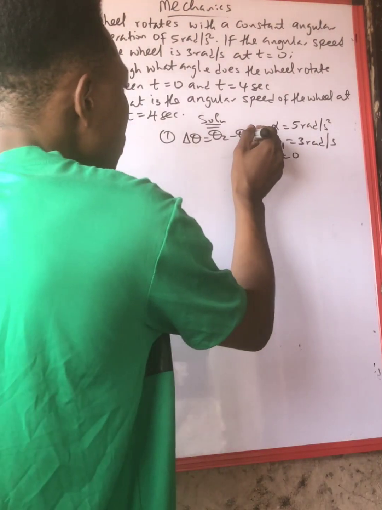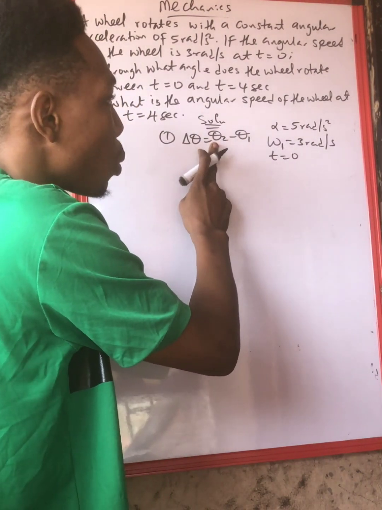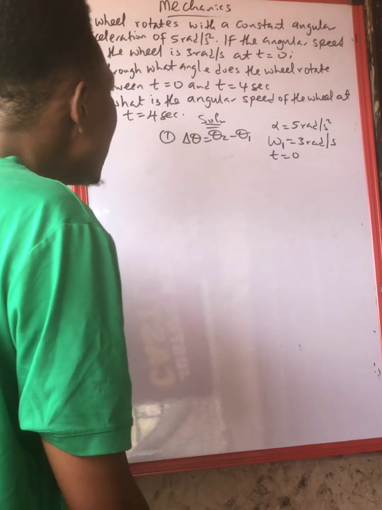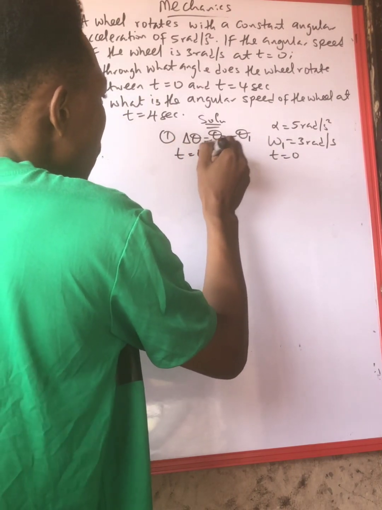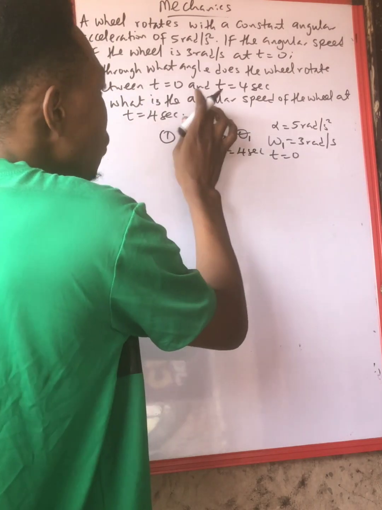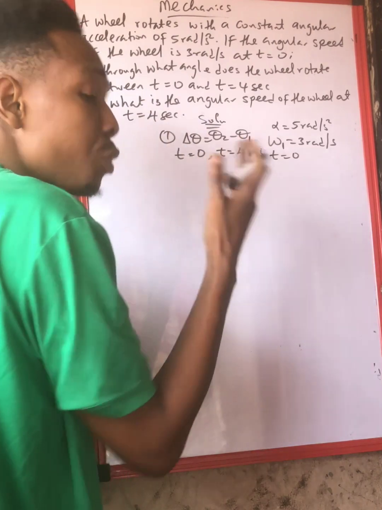So t1 is when the time was 0 and t2 is when the time was 4 seconds. When you subtract, then you get your change in theta. We also have to look for the angular speed of the wheel at t equals 4 seconds.